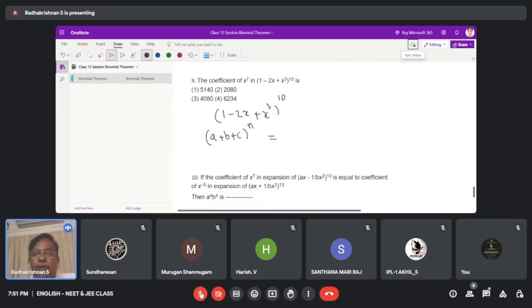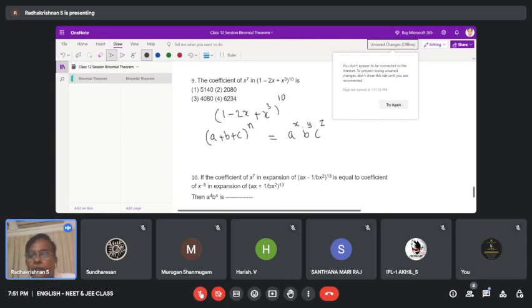Let us say they are a power x, b power y, c power z, where x, y, z are three integers, so that x plus y plus z will add up to this n. So it is going to have terms like this: a power x, b power y, c power z, where x plus y plus z is equal to n.